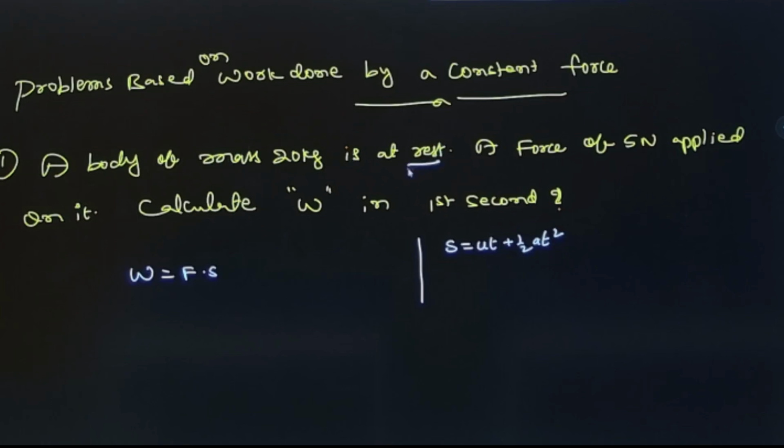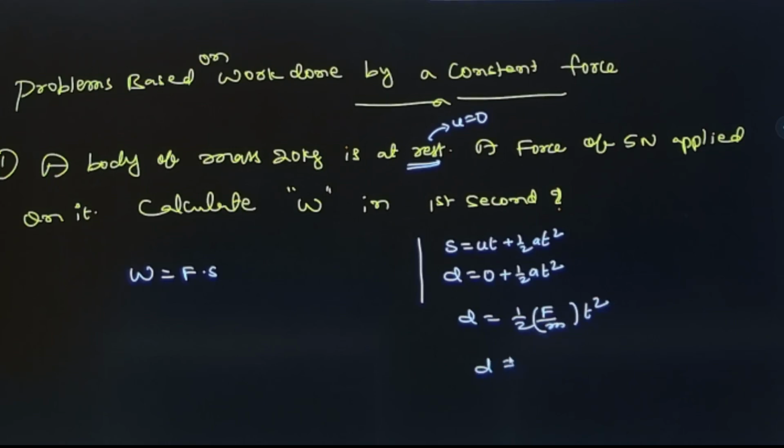It starts from rest, so u is 0. So displacement d equals 0 plus half a t square. a means F by m, correct? So d equals half F by m into t square.